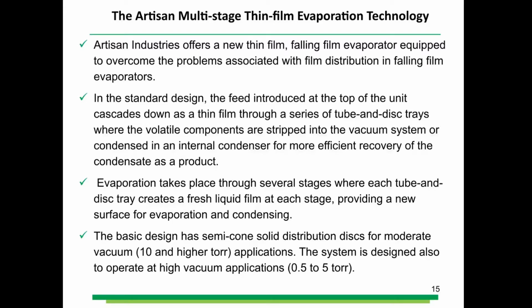Evaporation takes place through several stages, where each tube and disc tray creates a fresh liquid film at each stage, providing a new surface for evaporation and condensing. The basic design has semi-cone solid distribution discs for moderate vacuum applications. The system is also designed to operate at high vacuums.